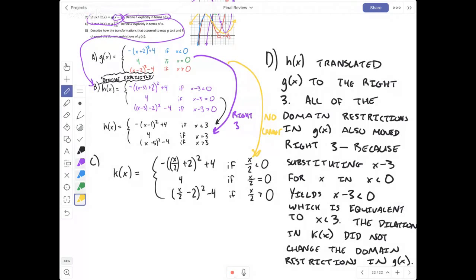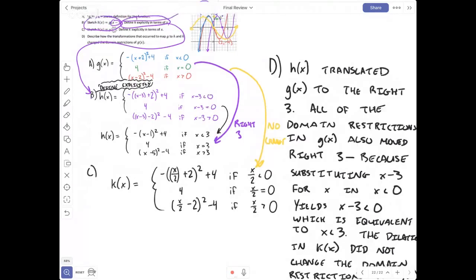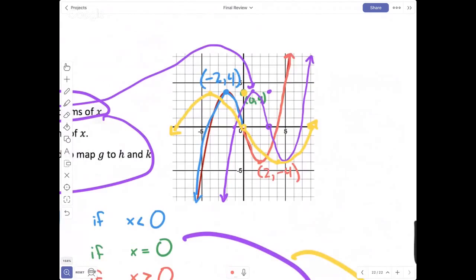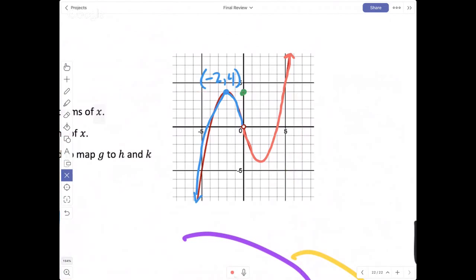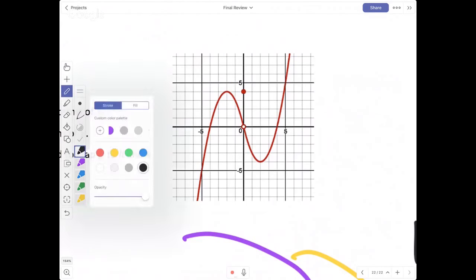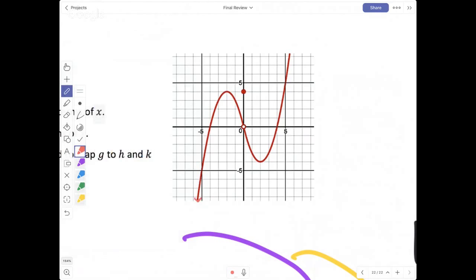Explain the dilation again. Yeah, of course. Sure. Let's visualize that a little better, and I'll clean off this graph a little bit. Great question, Shaheen. Okay, so here was the graph of g of x.